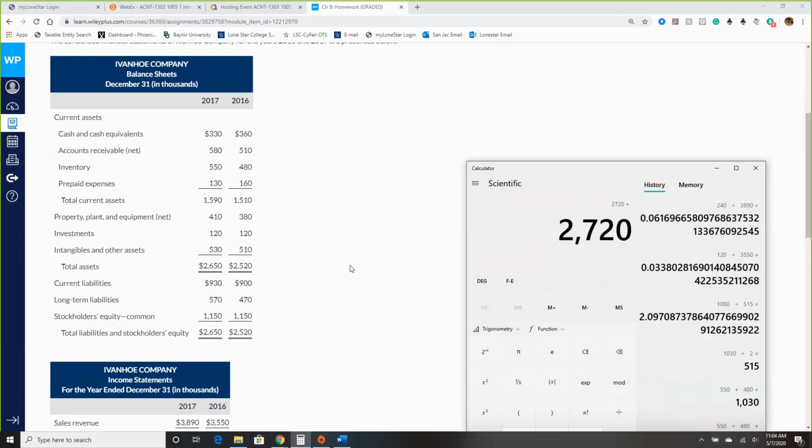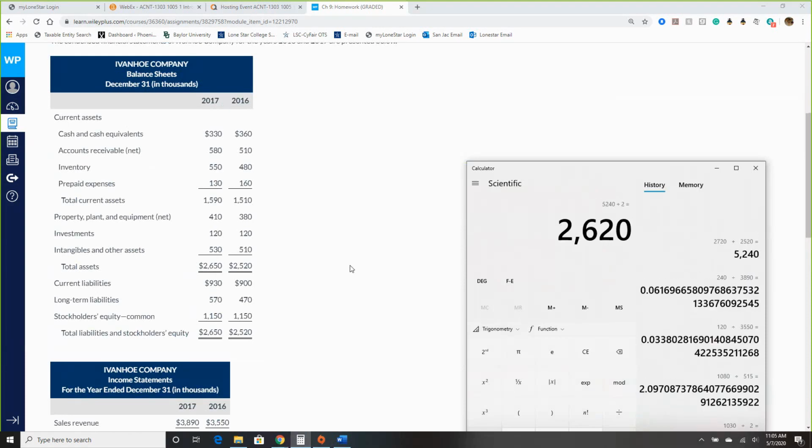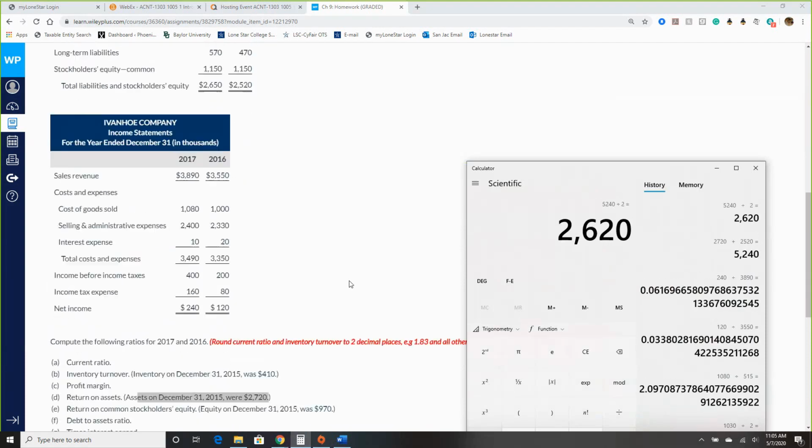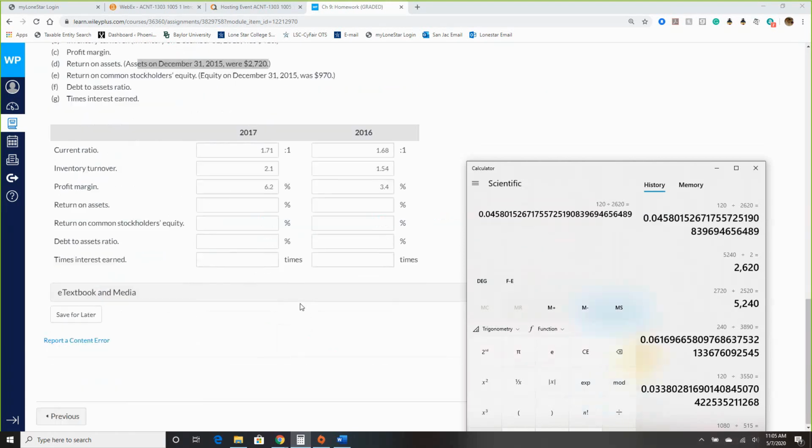There it is. Plus 2520 divided by 2. There's our average. And we're going to divide it into net income. Which is about 4.6%.